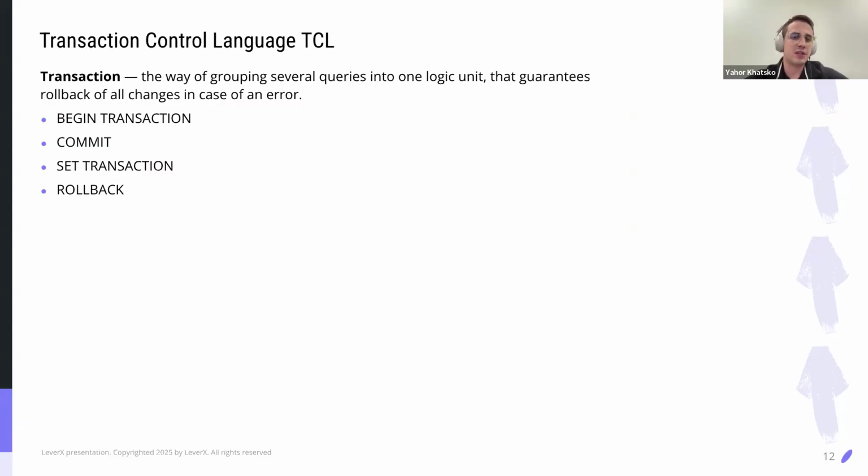And what is a transaction? A transaction is a group of several queries that are grouped in a specific unit, and it follows the logic: if it fails, it reverts all the changes that were triggered within that unit.